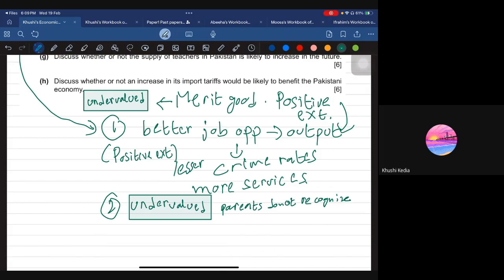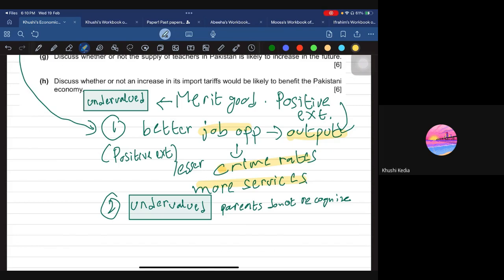The other characteristic is that merit good should have positive externality. Education does have positive externalities that we have already shown here, like job opportunities, output, lower crime rate, more services. Then we also know that merit goods are those goods which are undervalued by the consumers.